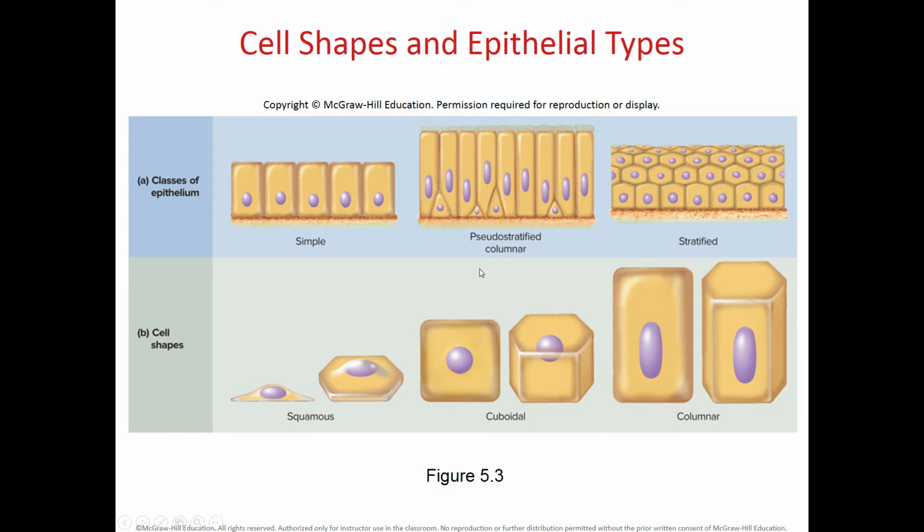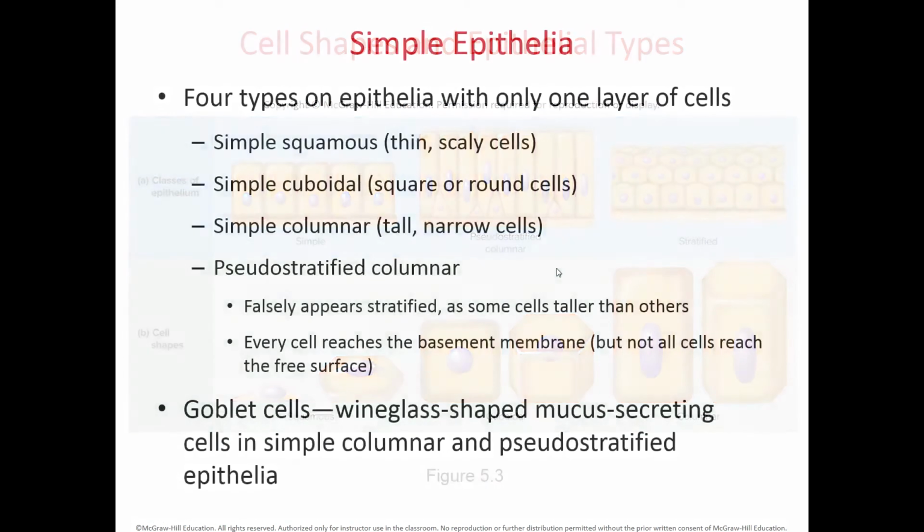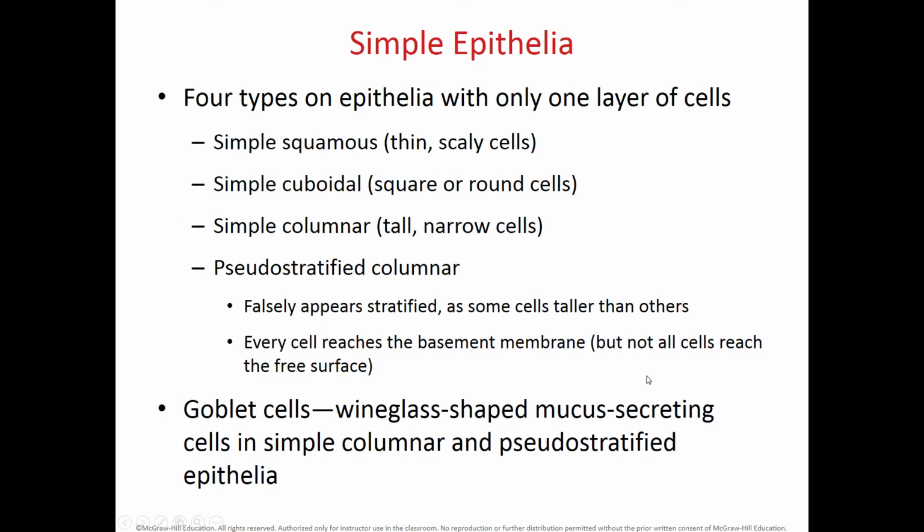So it's pseudostratified columnar. In order to classify epithelia, you mix these names of the cell shapes with the actual number of layers. In the case of this, it will be pseudostratified columnar because it looks like more than two layers of cells, but the cells are columnar. I already mentioned the characteristics of the shape of the cells, and I already told you that the pseudostratified columnar falsely appears as stratified.